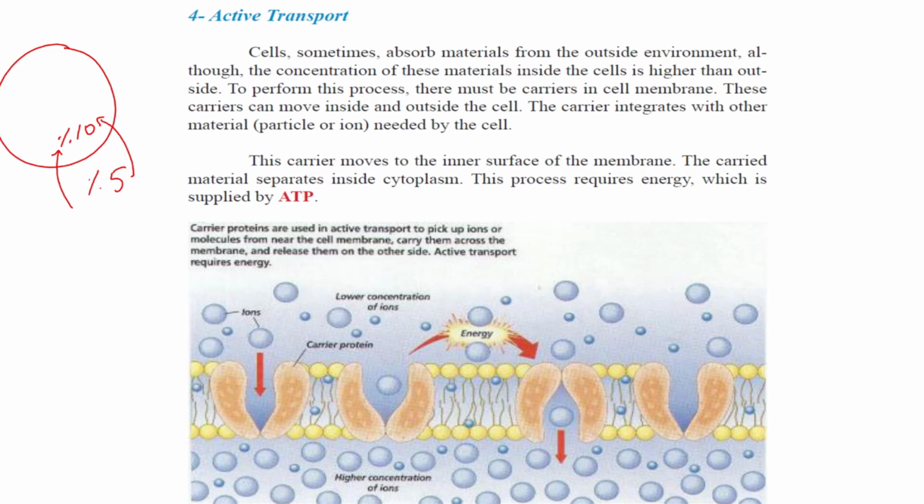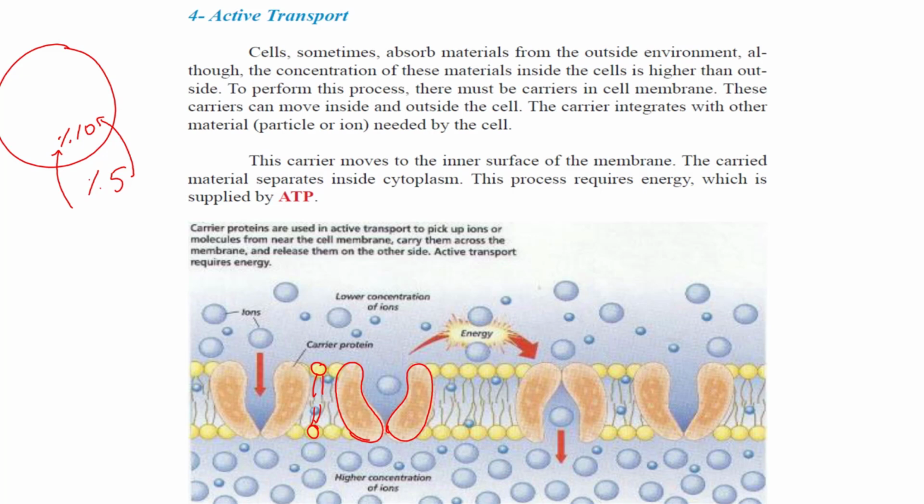If we recall the structure of the cell membrane, we said it consists of two layers of phospholipids, and between these layers of phospholipids there are carrier proteins to transport material inside and outside of the cell. These carriers can move inside and outside the cell.